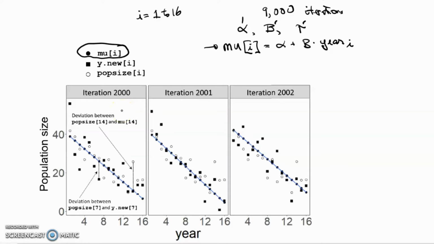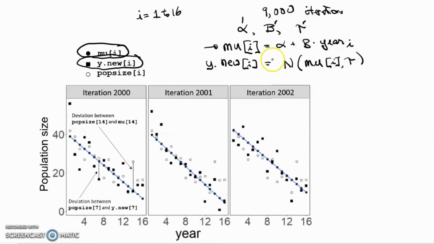We can now generate new values, and this is really the key. I'm going to generate a series of new values called y new i. And how am I going to get them? They're going to be assumed to arise from a normal distribution with some mean mu i and precision tau.